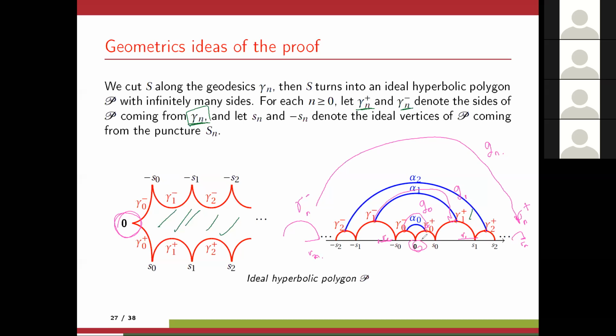So when you take the puncture, it defines two vertices of the polygon. These vertices are Sn and negative Sn, and you put them over the real axis. These are nice because they are symmetric with respect to the imaginary axis.